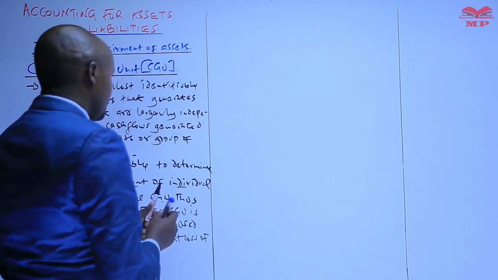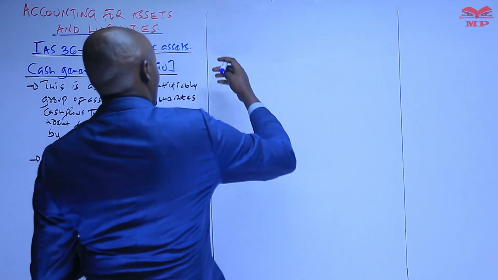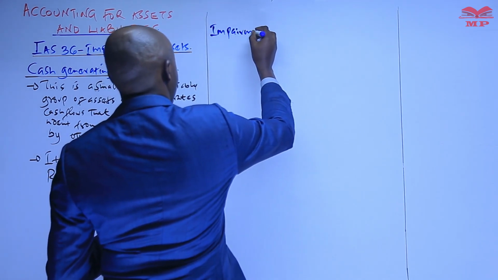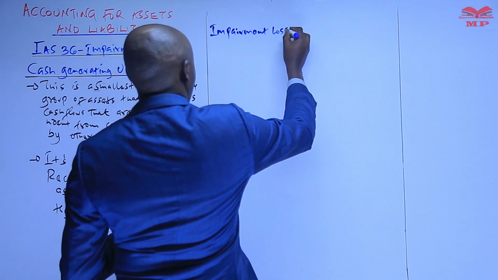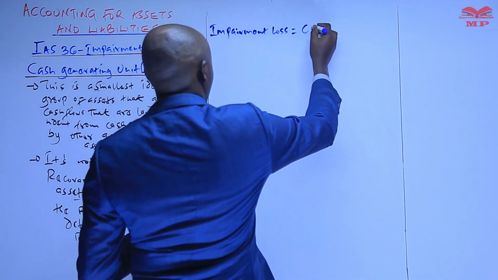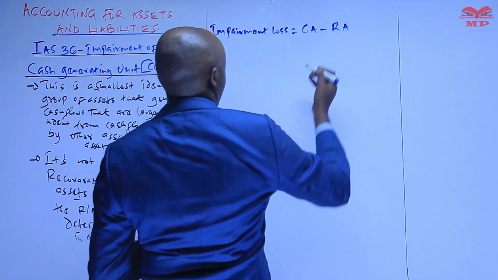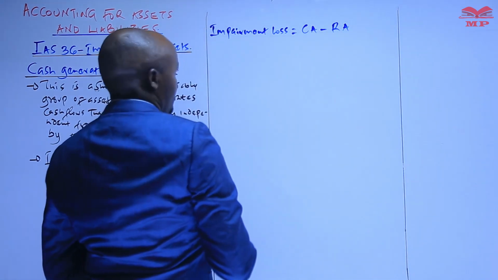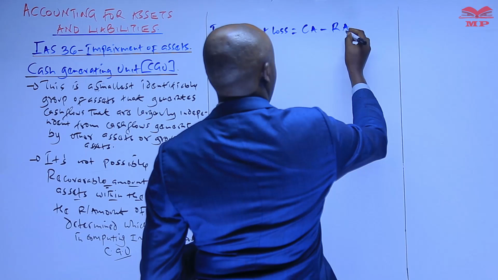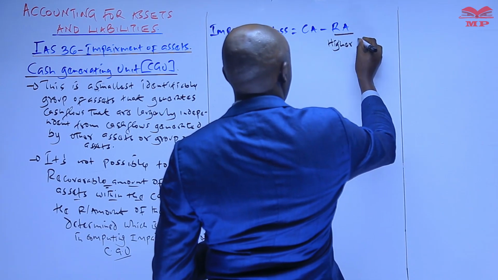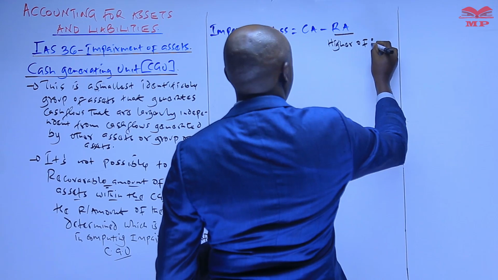Maybe we can just remind ourselves on how we compute the impairment loss. So the impairment loss is equal to the carrying amount minus the recoverable amount. And equally you have to recall that the recoverable amount here, we said this is the higher of two values.